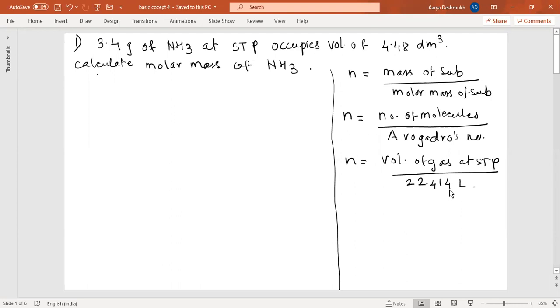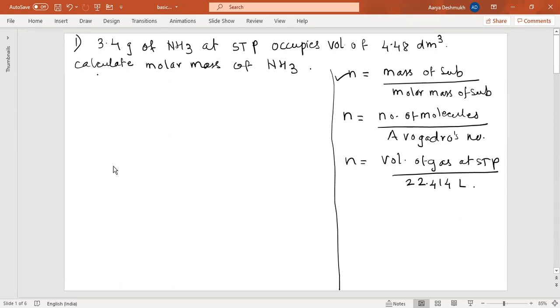Now, for this particular problem, we are supposed to calculate the molar mass of ammonia. So for this, we first need to find the number of moles. N, the number of moles, is the mass of substance divided by the molar mass of the substance.